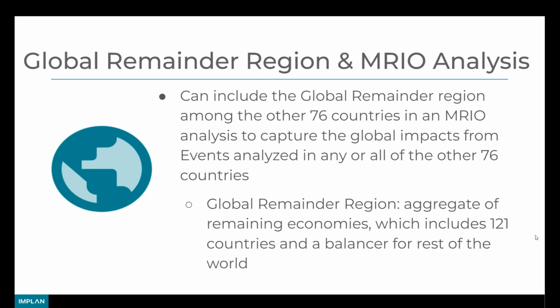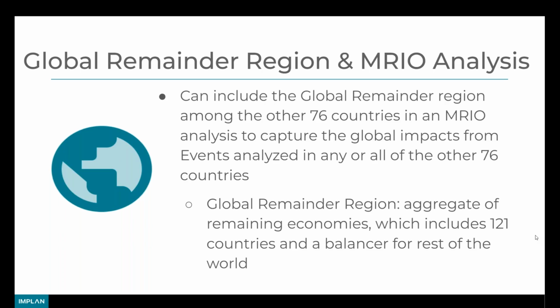We developed this region to allow a user to conduct a fully global MRIO analysis. A user can include the global remainder region among the other 76 countries in an MRIO analysis to capture the global impacts from events analyzed in any or all of the other 76 countries.